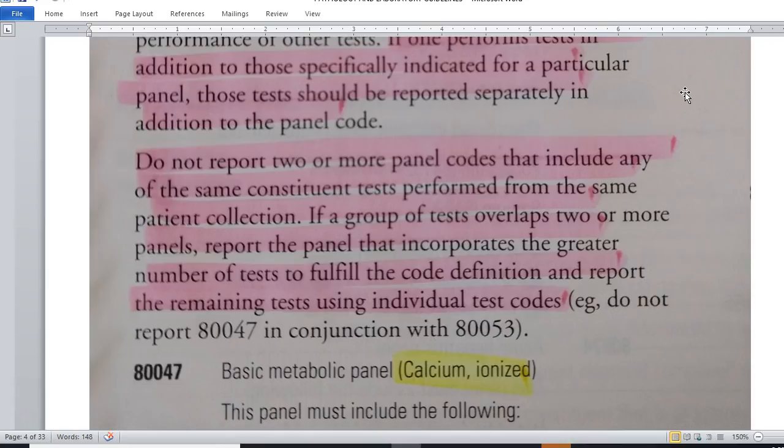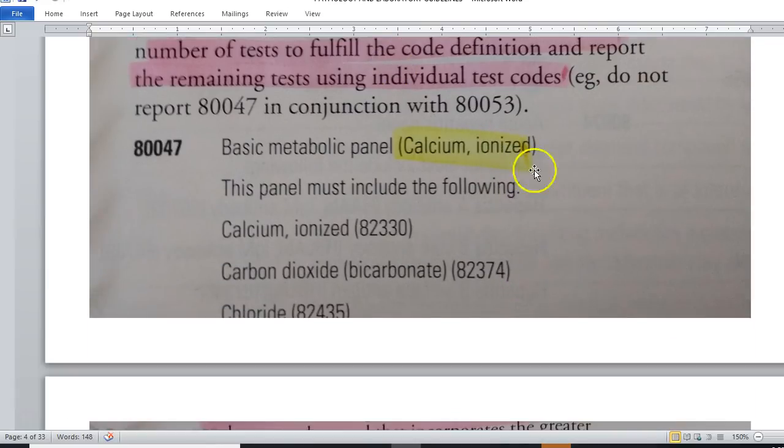Like, do not report 80047 with 80053. And the reason is 80047 is called the basic metabolic panel calcium ionized. So it includes the following: calcium ionized, carbon dioxide, chloride, creatinine, glucose, potassium, sodium, and urea nitrogen.